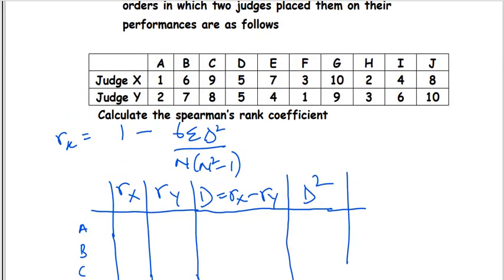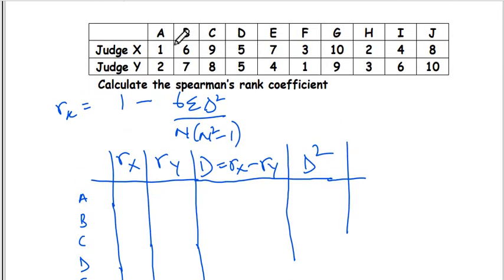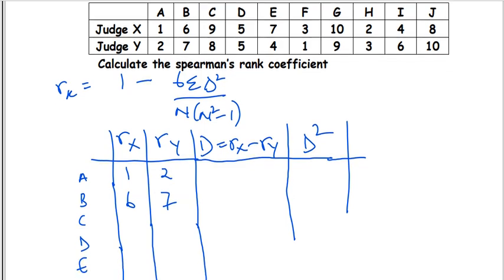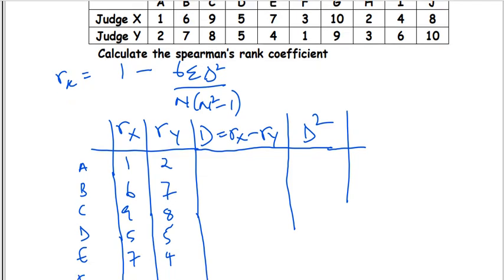So for A, the ranking of X and Y: X is 1, Y is 2. For B, 6 and 7. For C, 9 and 8. For D, 5 and 5. For E, 7 and 4.